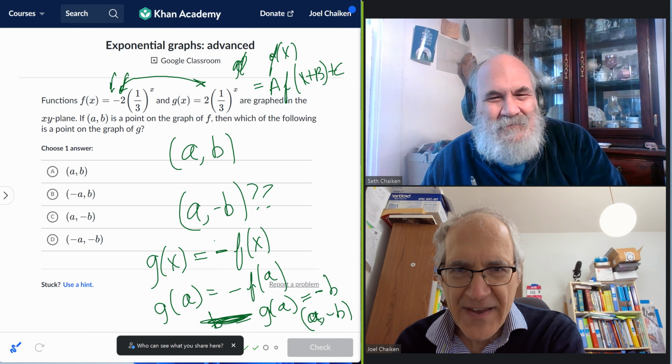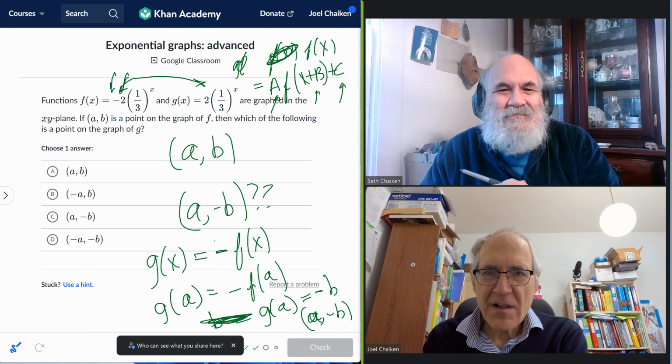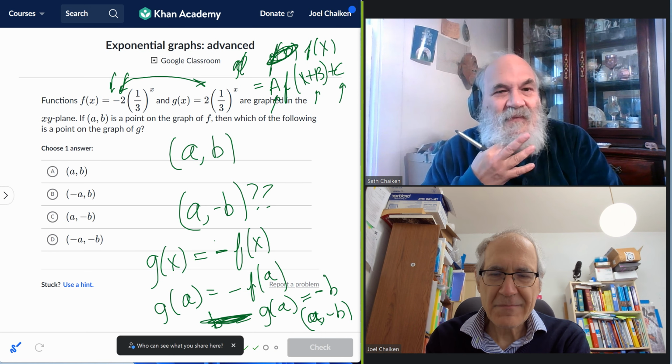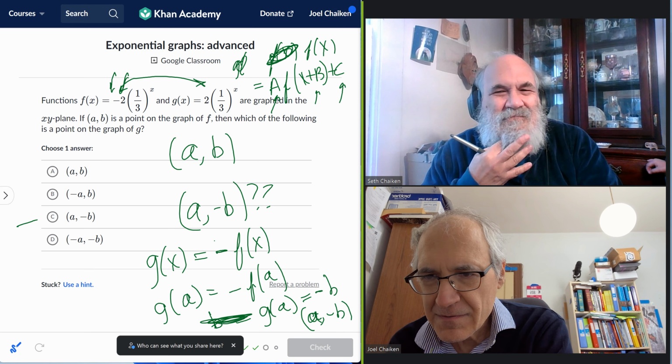If you have f of x and you throw a coefficient in front and you do f of x plus b and add a c to it, where does the function go? So it's related to that. It'll be interesting to see how they do it. So this will be the answer.